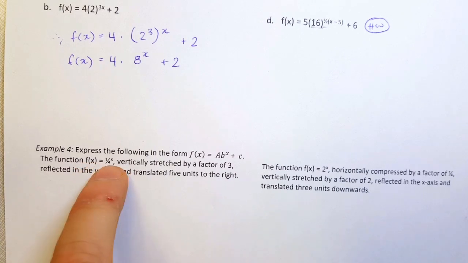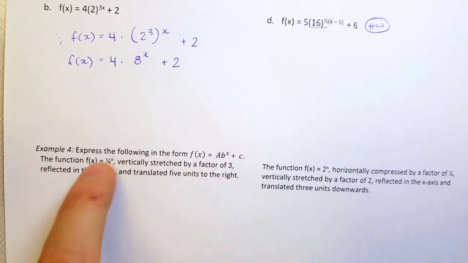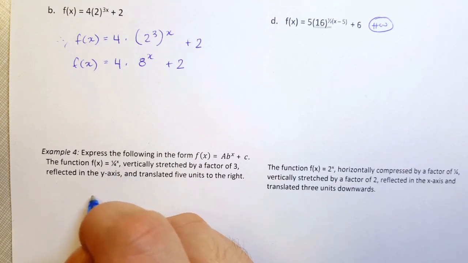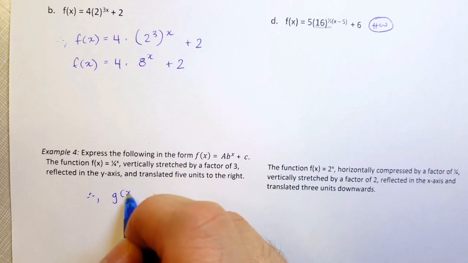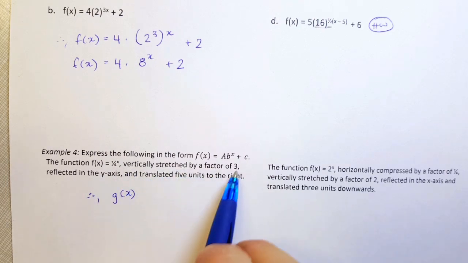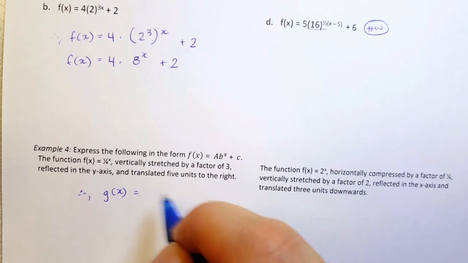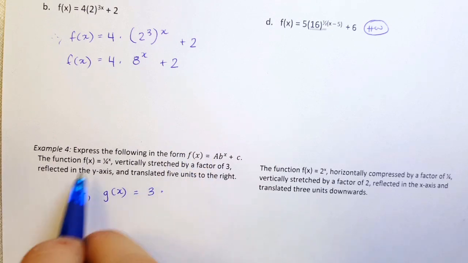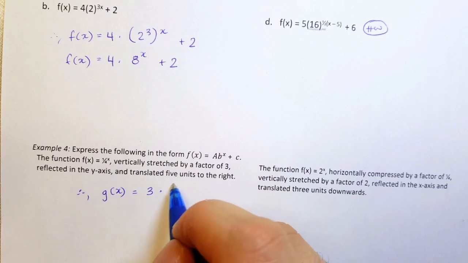So how can I take this function right here and do all these things to it? Well, I'm going to define this new function with all the transformations as g of x. So therefore, g of x, vertically stretched by a factor of 3. So that means I take my function, I multiply it by 3. The base of my function was 1/4.